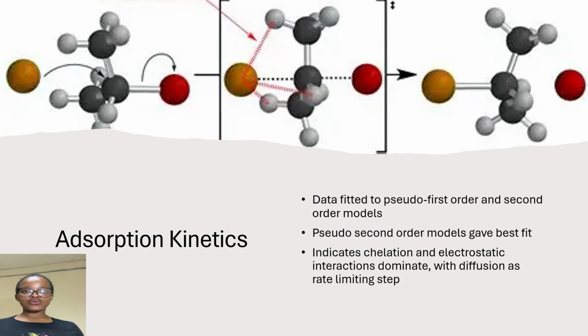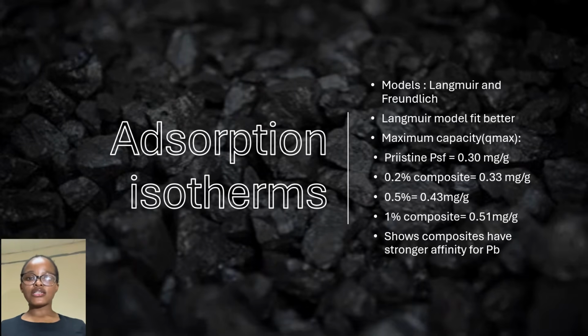Kinetic studies showed that the pseudo-second-order model fit best, meaning chelating and electrostatic interaction dominate, with diffusion as the rate-limiting step. For adsorption isotherms, the Langmuir model fit better than the Freundlich model.